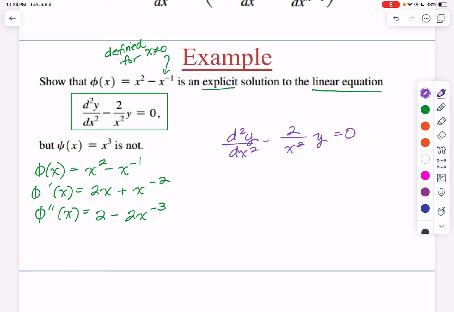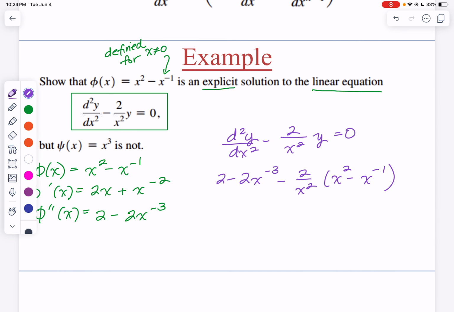Just go back. We need that 2 minus 2x to the negative 3. And now we're going to subtract 2 over x squared. And now this is our actual function, x squared minus x to the negative 1. And then we are going to check to see if that is equal to 0. Okay, let's do some simplifying.